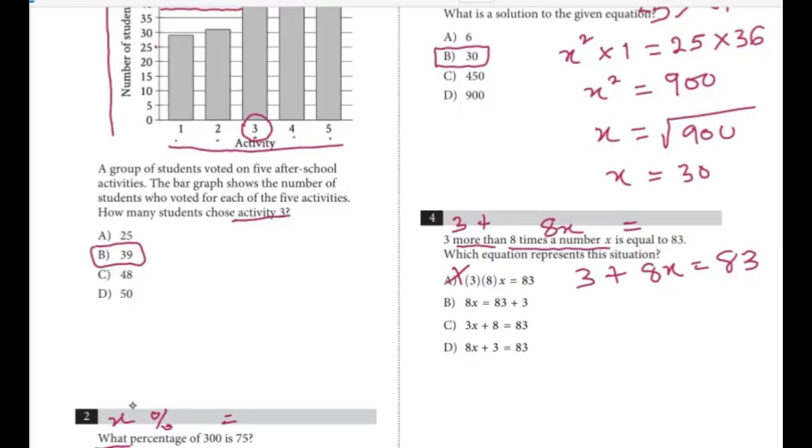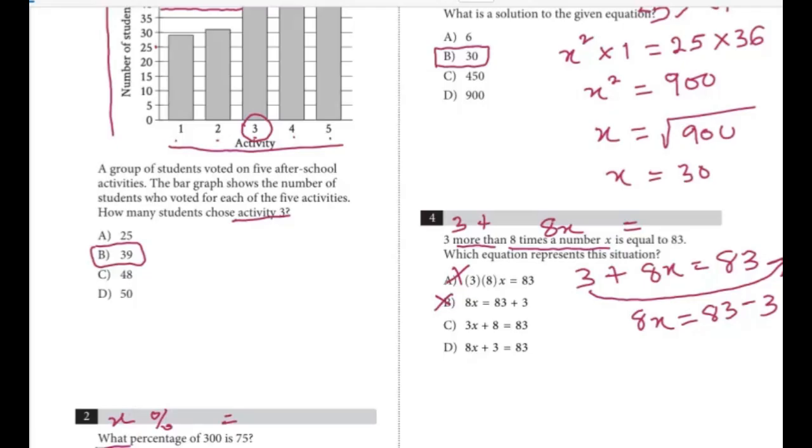Look at option number 2. 8x equal to 83 plus 3. This is not my option because if you move 3 to this place, it will give you minus. It will be 8x is equal to 83 minus 3. So this is a trap. It is not my answer.